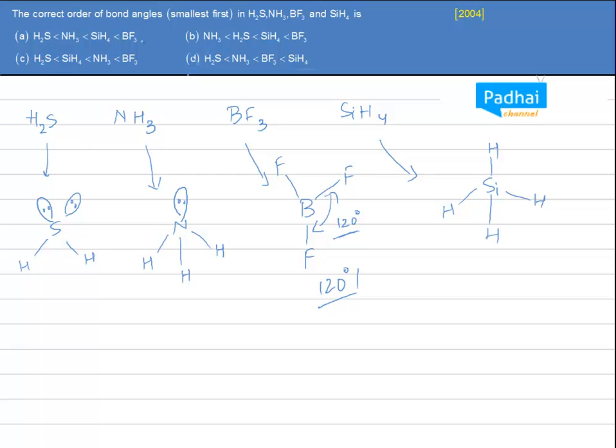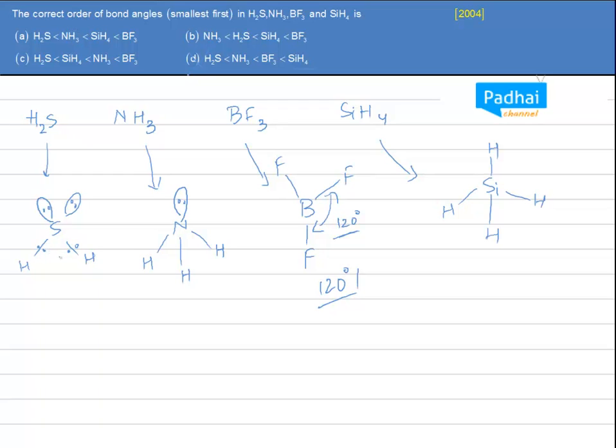Now in A, B and C, it is saying H2S is having the least angle and here it is saying NH3 is having the least angle, right. If I see over here, sulfur, in the earlier question, the question that came in 2003, I told you that sulfur is less electronegative as compared to nitrogen. So what will happen? Their bond pair of electrons will be a little farther away.